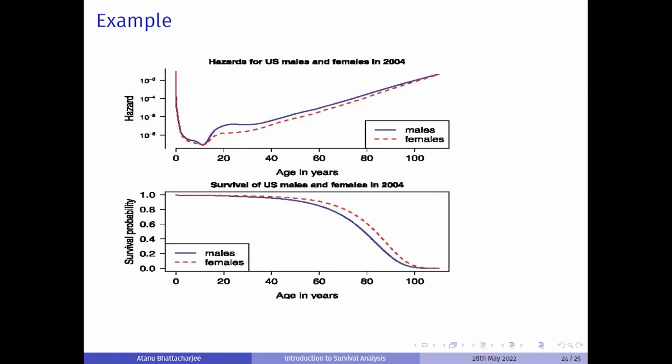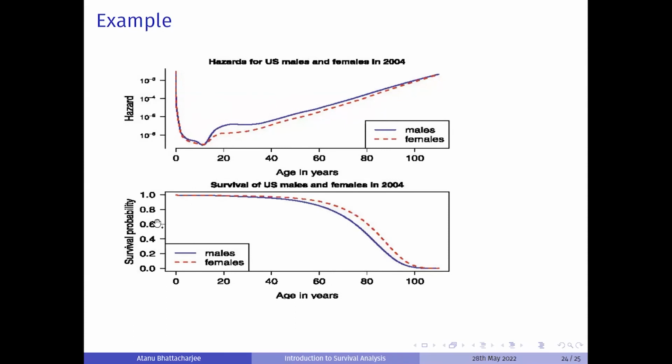Here is one example of hazard and survival functions. We can expect that as time keeps increasing, as days or years pass, all the persons are going to die and their hazard is going to accumulate, approaching one. Simultaneously, as age passes, irrespective of gender, male or female, deaths are going to increase, so the survival probability is going to go down.